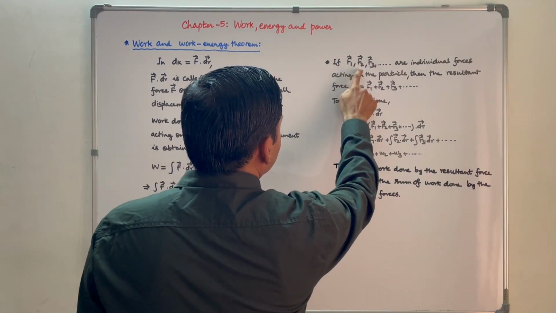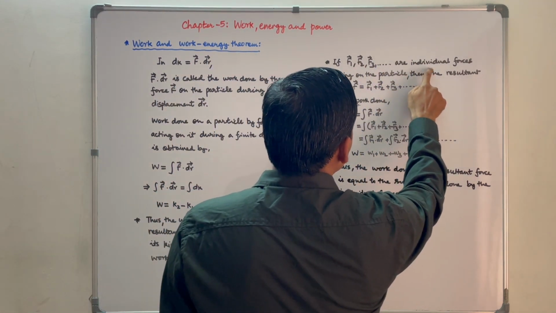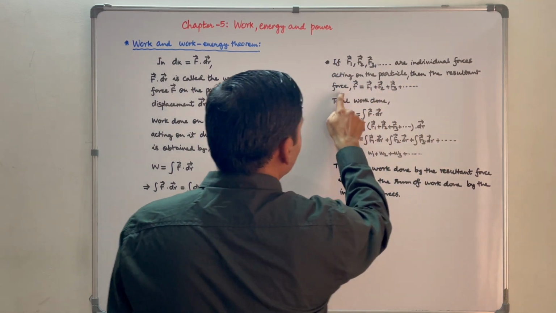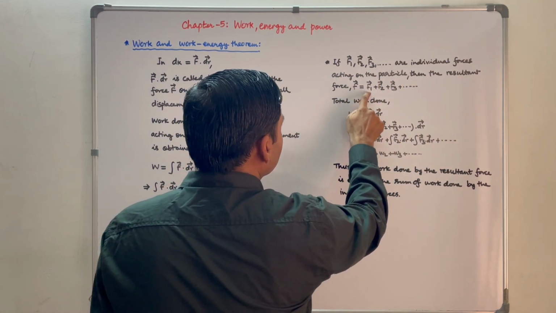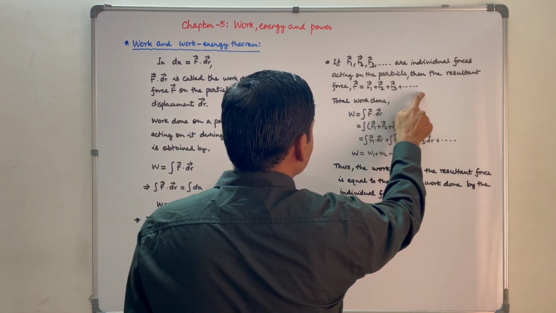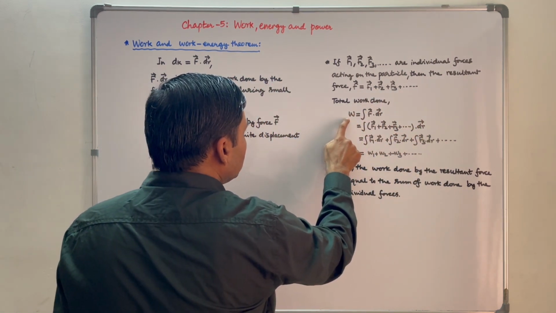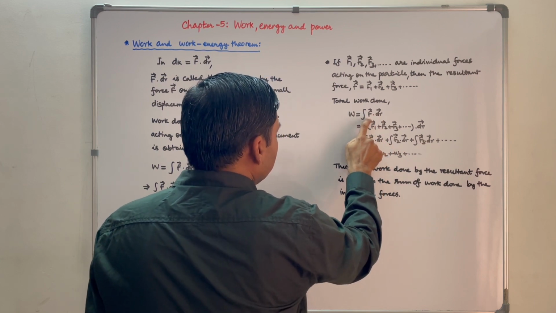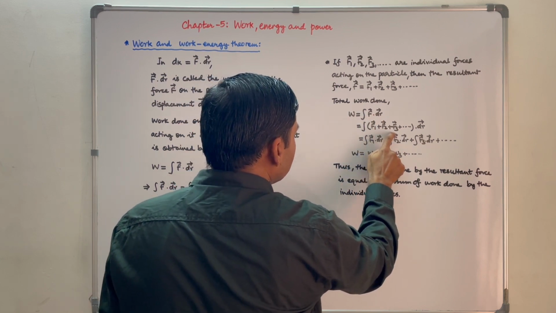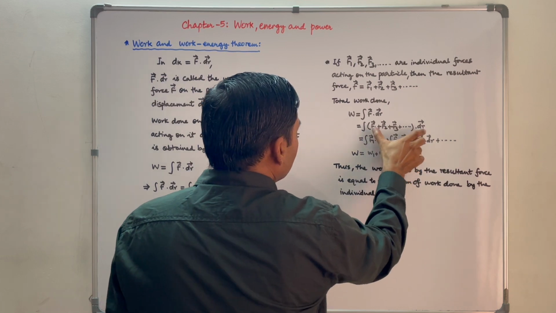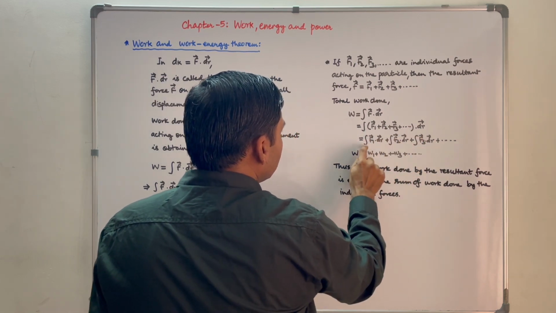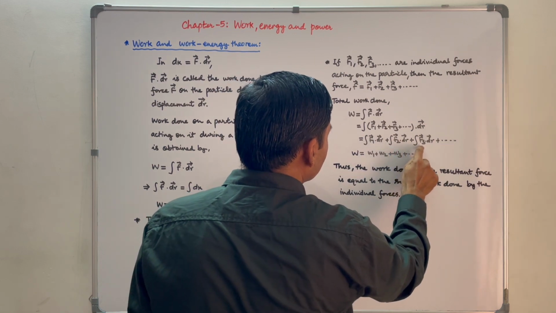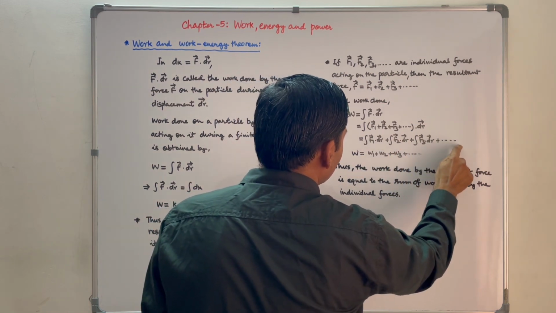If F1, F2, F3 and so on are individual forces acting on a particle, then the resultant force F is equal to the vector sum of individual forces. Then total work done W is equal to integration of F dot dr. In place of F, we can write F1 plus F2 plus F3 plus and so on. Now, this can be split as integration of F1 dot dr plus integration of F2 dot dr plus integration of F3 dot dr plus and so on.